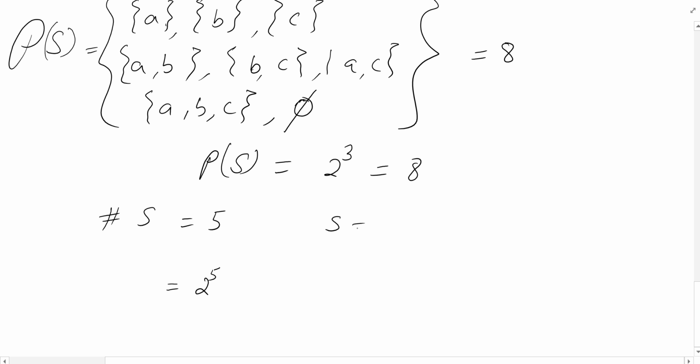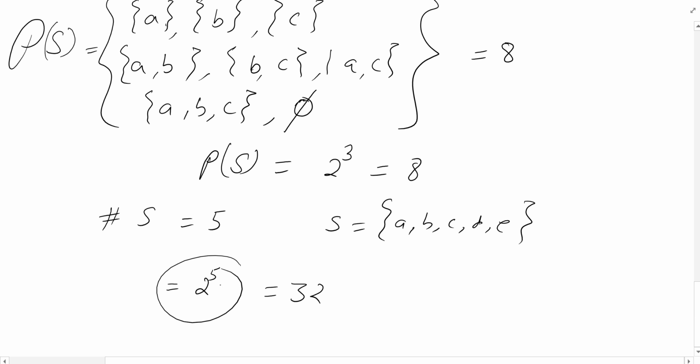Let me write S is A, B, C, D, E, and these subsets are going to be more than that obviously because we have more elements in S. So you do 2 times 2 times 2 times 2 times 2, which is 32. So you multiply 2 five times. So 32 subsets are possible.